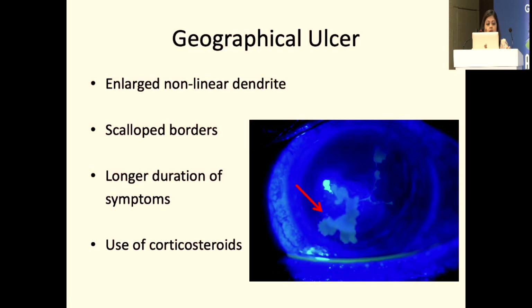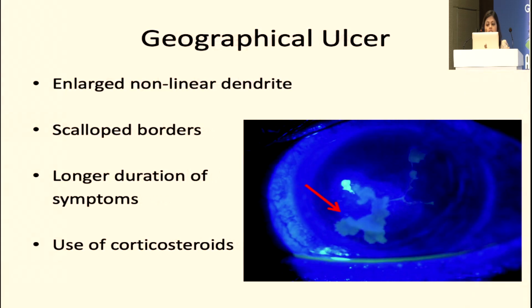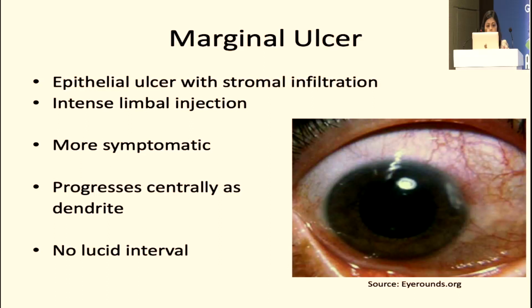In patients with dendritic ulcers who are treated with topical corticosteroids, or where the ulcers are long standing, the dendrites tend to merge together to form a widened lesion called a geographical ulcer, which has scalloped borders and a longer duration of symptoms. These need to be differentiated from neurotrophic epitheliopathy, as those lesions will have smooth borders instead of scalloped borders.